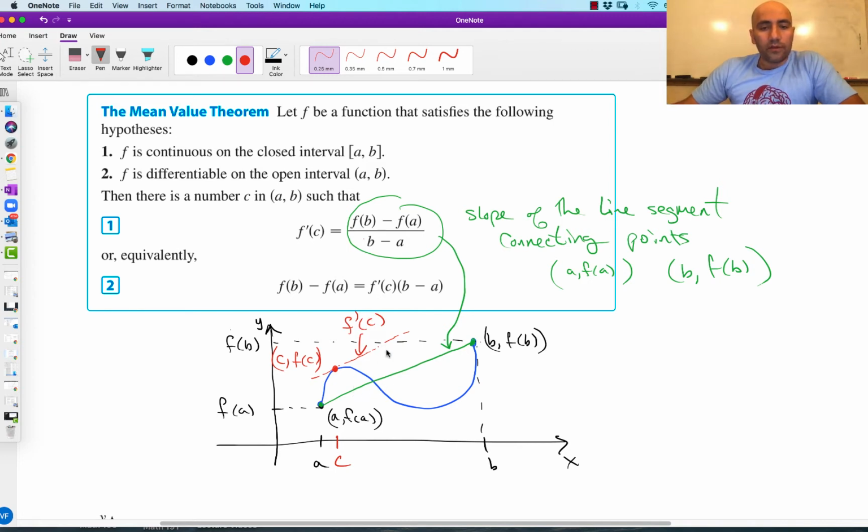Good. All right, so we're saying that the slope of this tangent line is equal to the slope of this one. Therefore, this tangent line and the secant line connecting these two endpoints are parallel to each other. Now, this theorem says that there's at least one, so there might be more than one.